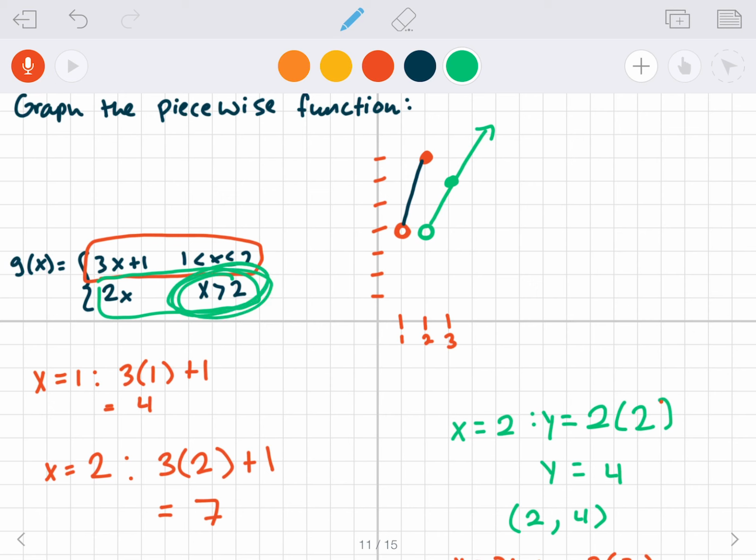So anything to the left of it can be ignored. On the other hand, for 3x plus 1, everything to the left of 1 can be ignored, right? And everything to the right of 2. So that is going to be our piecewise function there.